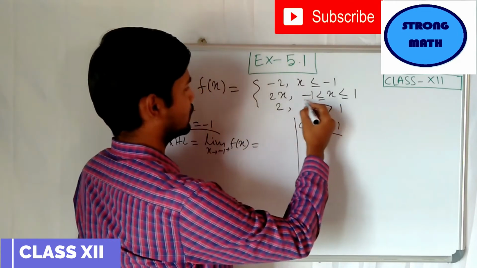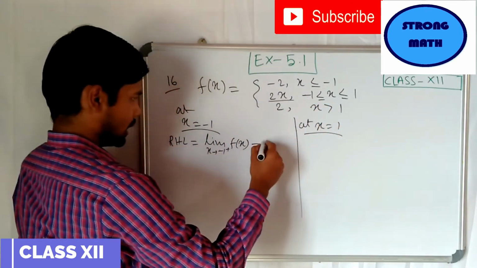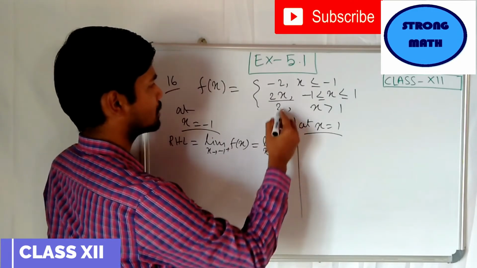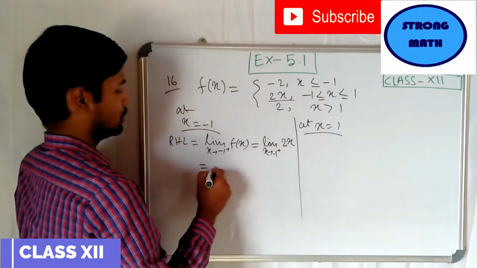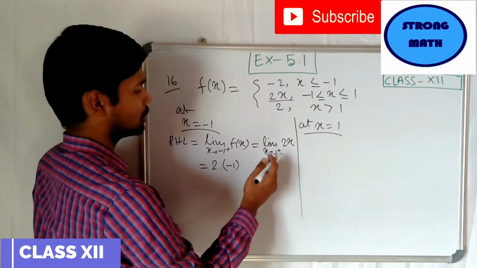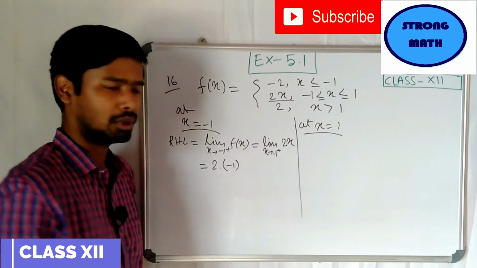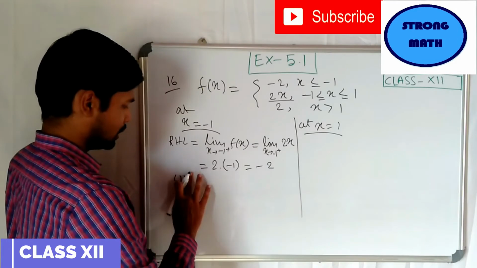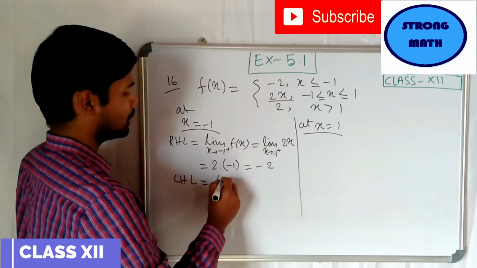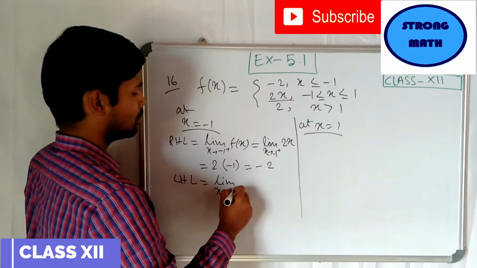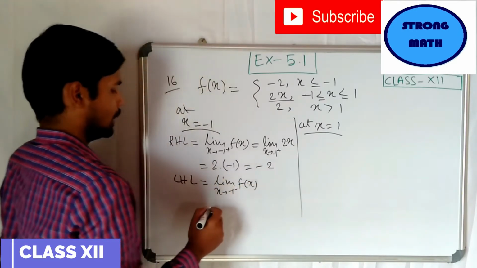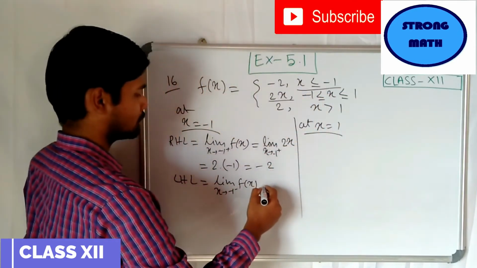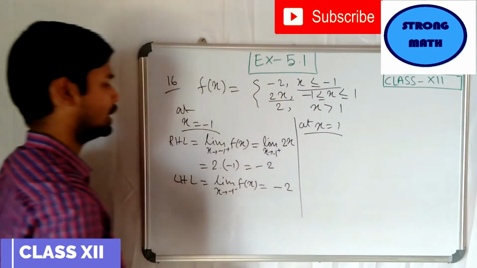Right hand side of -1 gives us 2x, so limit x tends to -1 plus 2x is equal to 2 into -1, because the value is here -1, so this equals -2. Left hand limit is equal to limit x tends to -1 minus f of x. x tends to -1 minus, that means left hand side of -1 is -2, so directly you can write -2.